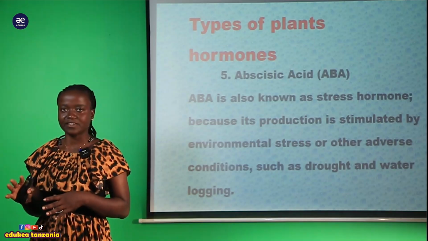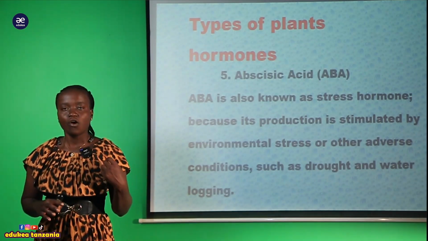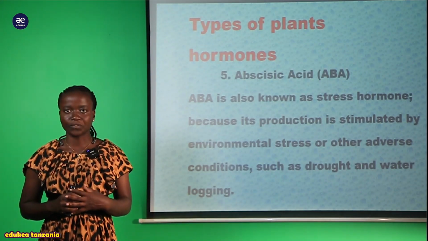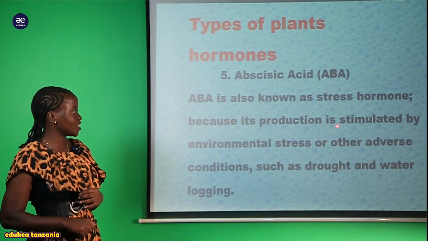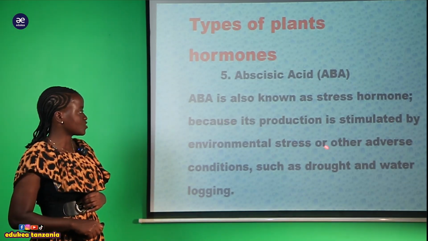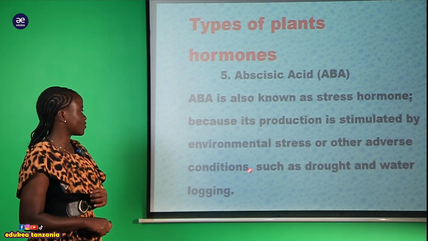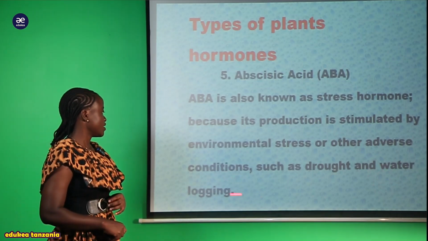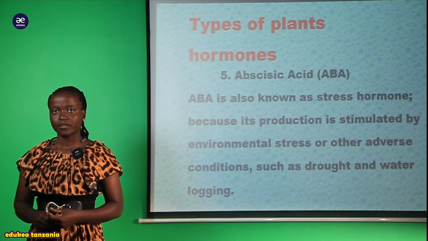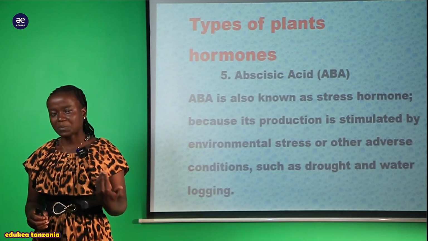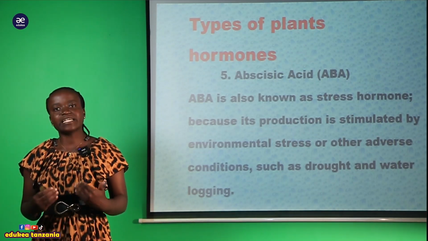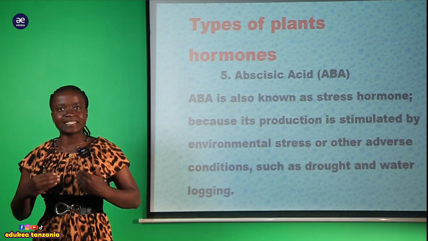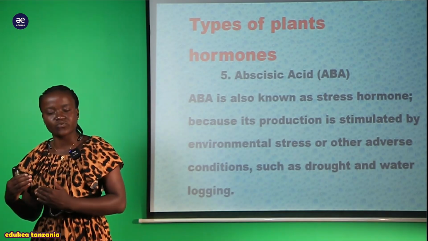We can go and see the reason why this hormone is called the stress hormone. Here we are saying that its production is stimulated by environmental stresses or other adverse conditions such as drought and waterlogging. So this hormone, abscisic acid or ABA, is produced when the plant is under environmental stress.